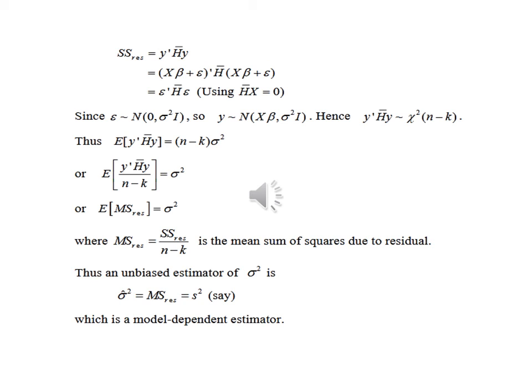Thus an unbiased estimator of sigma square is sigma square hat, equal to the mean square residual, which is s square, a model dependent estimator.